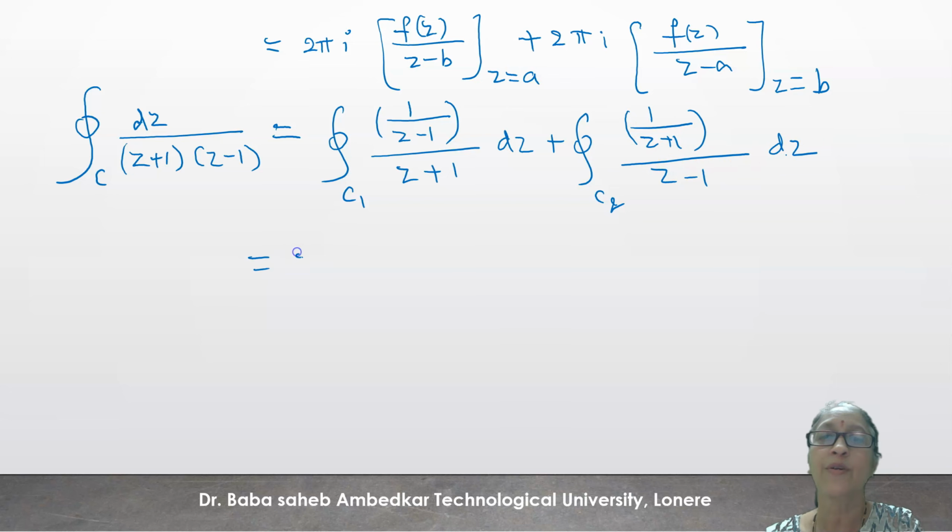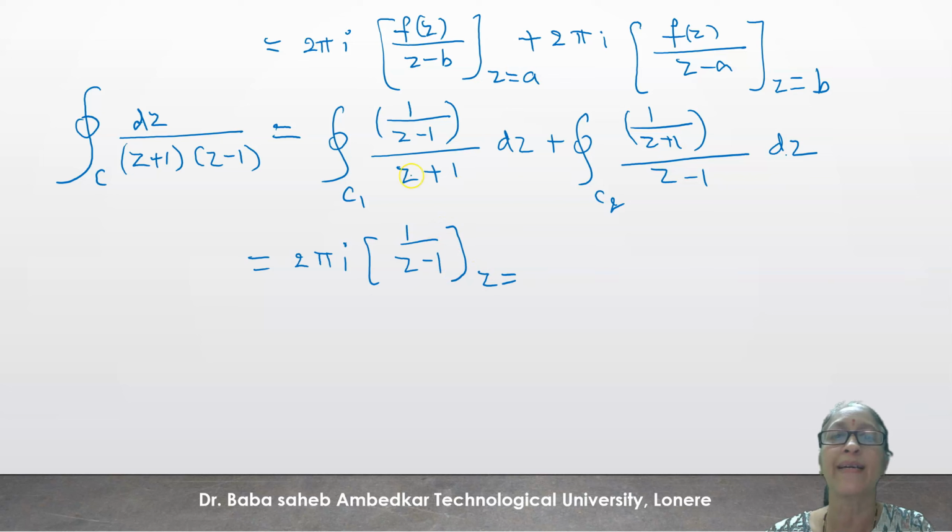Which is equal to 2 pi i into whatever is in the numerator, write it here, z minus 1. Then here z plus 1 is there in the denominator, right? If you equate this denominator to 0, what do you get? z equal to minus 1. So here put z equal to minus 1.